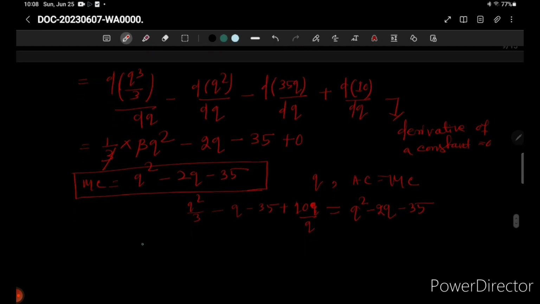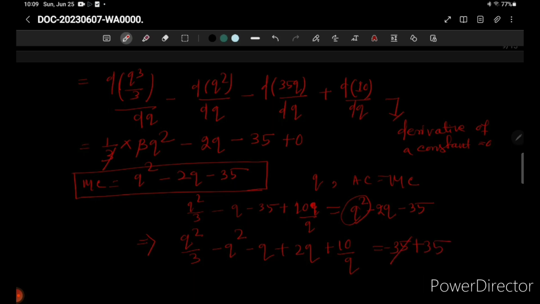Okay. So this implies that Q square divided by 3, and this Q square I'll take to the left side, minus Q square. Okay. So minus Q, so plus 2Q plus 10 by Q equals 35 minus 35, plus 35. This is equal to 0.